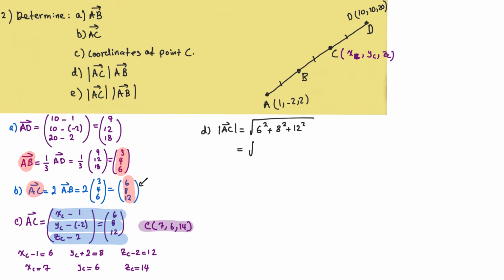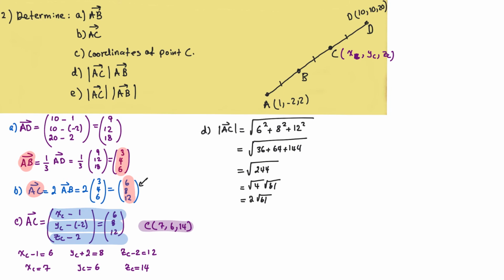And that will give me 36 plus 64 plus 144, which equals root 244, which can be simplified to root 4 root 61, or 2 root 61.